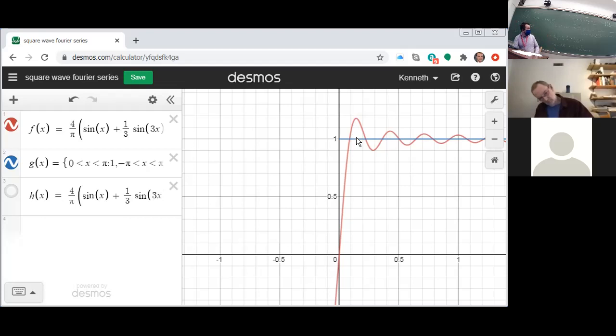For the square wave, you do get pointwise convergence, meaning you fix a point, and then that series will add up to the value f of x. The convergence will not be uniform, meaning no matter how good of an approximation you pick, you'll be able to find an x where the difference between the red line and the blue line is not small.